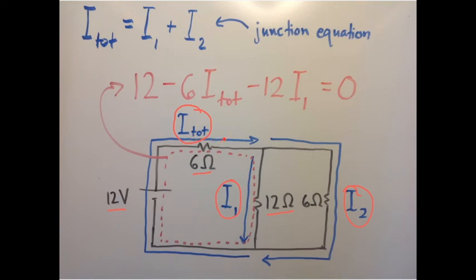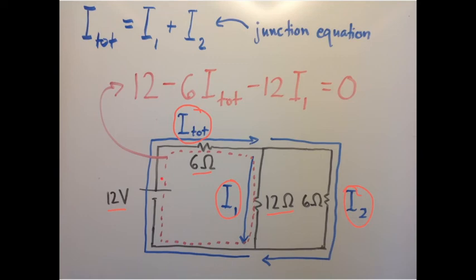The volts used by it, we said moments ago, are 6 times I total, whatever I total is. I'm saying volts used, so that's where I've got this minus sign. If I keep following it around, now I go through the 12 ohm resistor, which has a current of I1 going through it, and now I'm back where I started. There's no other circuit elements on that path, and so my loop is complete.